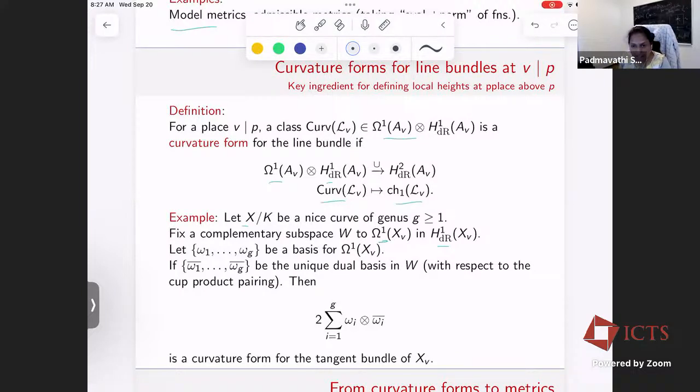So the same sort of data that goes into describing a curvature form. So if you have an explicit basis for Ω^1 with the dual basis in this complementary subspace, then a curvature form for the tangent bundle is this explicit cohomology class, the sum of ω_i tensor ω_i dual.